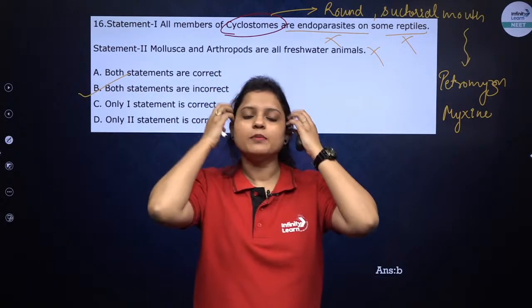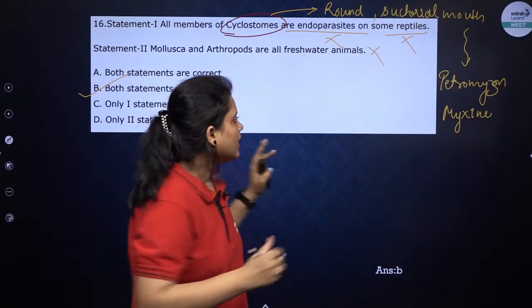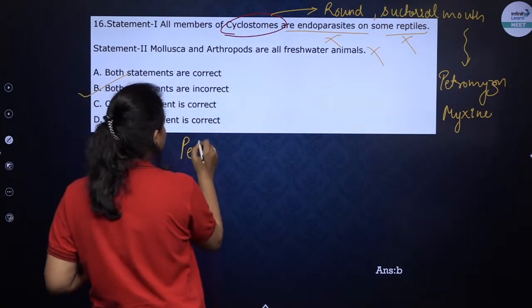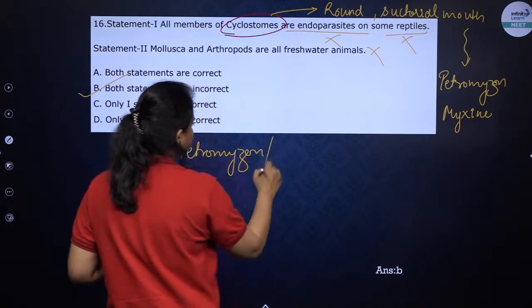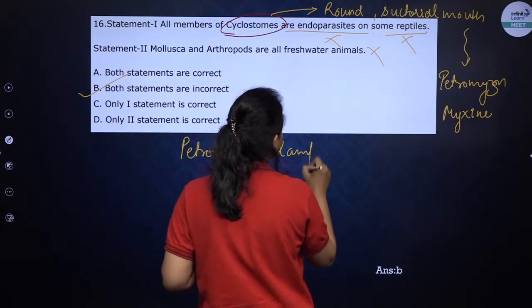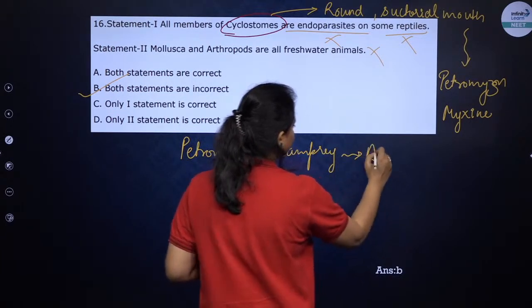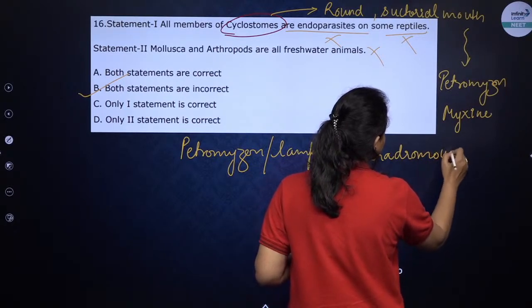Now remember, few important points from cyclostomata, that petromyzon, which is also known as lamprey, shows anadromous behavior.